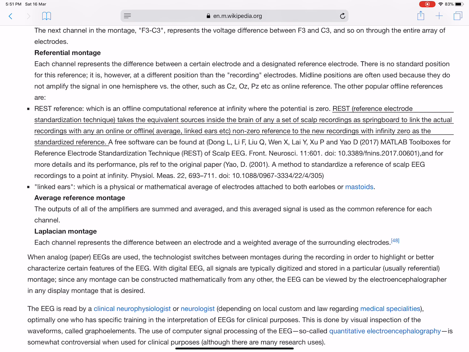A free software can be found at Dong Li F, Liu Q, Wen X, Lai Y, Zhu P and Yao D, 2017, MATLAB toolboxes for reference electrode standardization technique, REST, of scalp EEG. Front. Neurosci. 601. doi 10.3389/fnins.2017.00601.